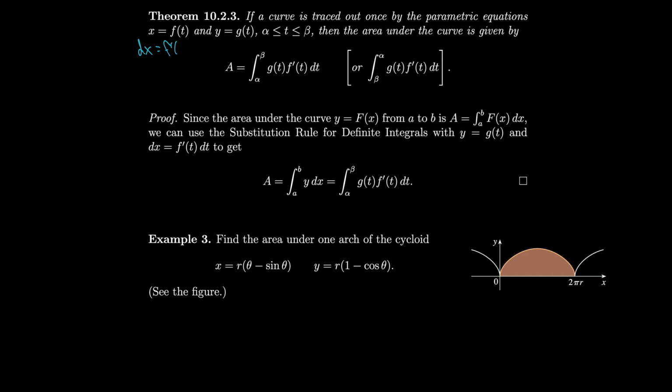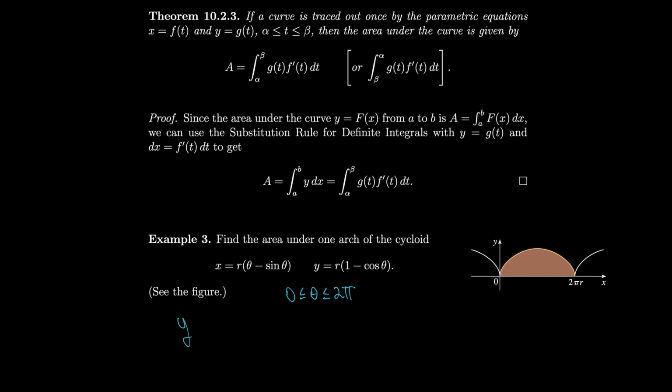So let's do an example of this and find the area under one arch of the cycloid. It looks like theta goes from 0 to 2 pi if we want to just get one arch. So we have a restriction on theta from 0 to 2 pi, so that's probably what we'll have to integrate.